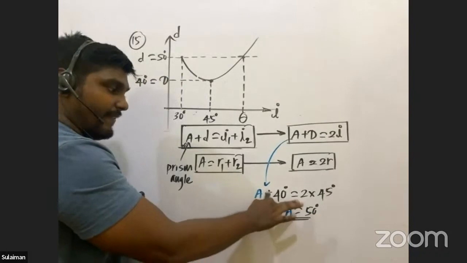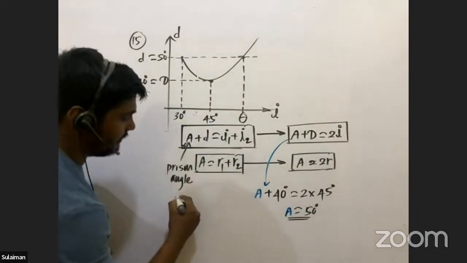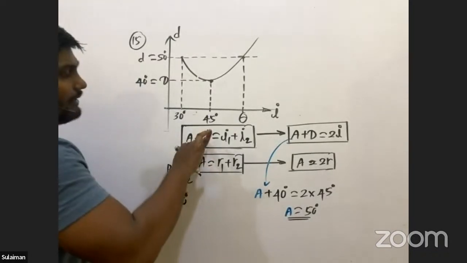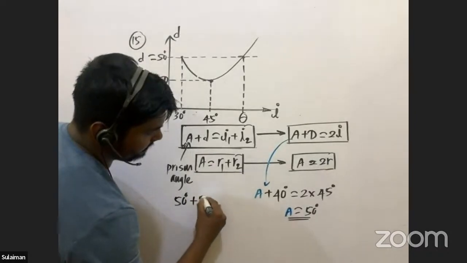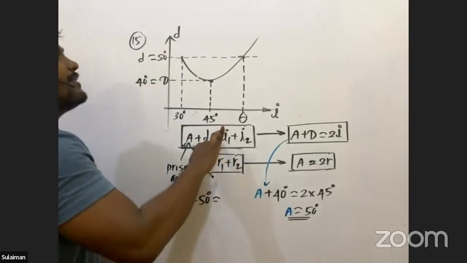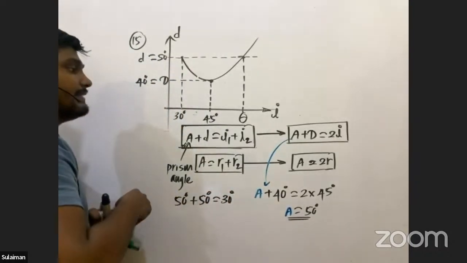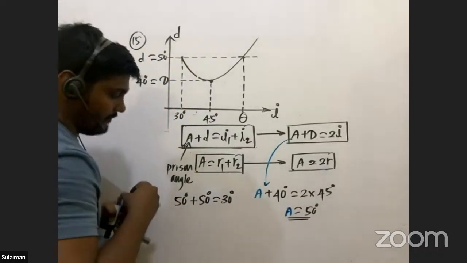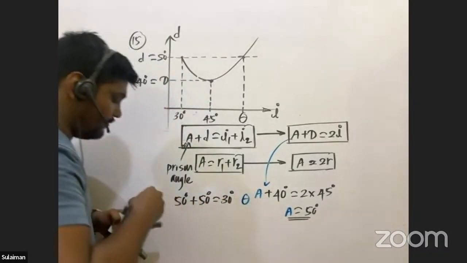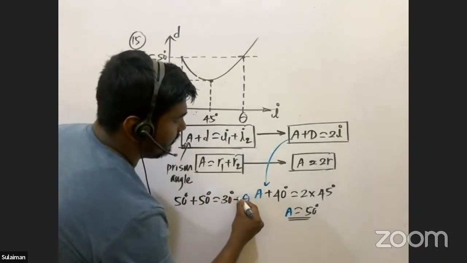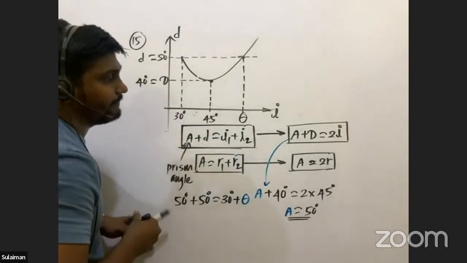When your prism angle is 50, now you can consider this equation. Prism angle is 50. Angle of deviation is also 50. I1, one of the incident angles, is 30. The other possible incident angle is theta. So when you simplify this, you will obtain 100 minus 30, which means 70. Theta equals 70.